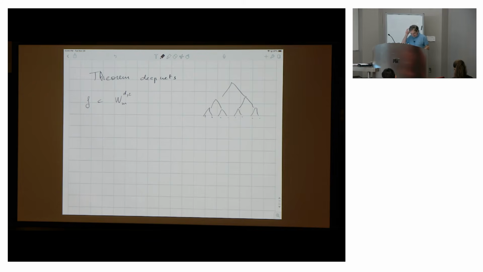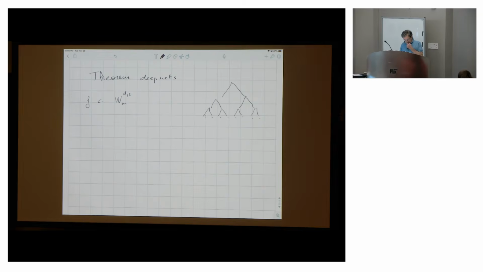So in this case, the number of units I need for an approximation epsilon total will be on the order of d minus 1, and then 1 over epsilon to the m.